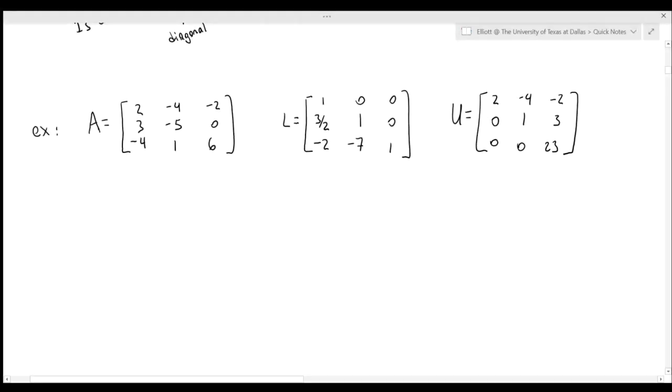Okay, now if you want to get the LDU factorization, well, it turns out that this L is also the same L that you need for the LDU. However, this U from the LU factorization is not the same as the U that you need in the LDU.